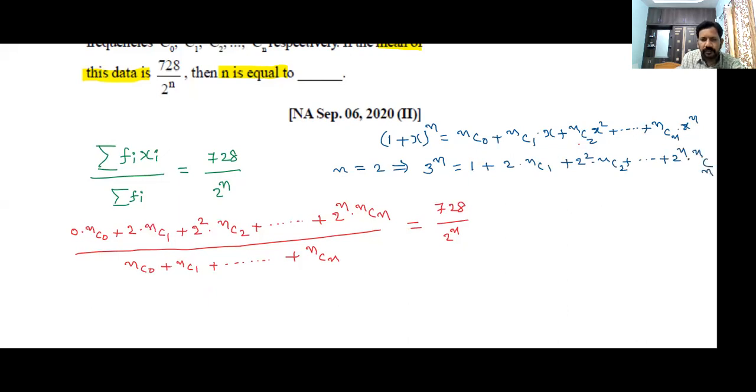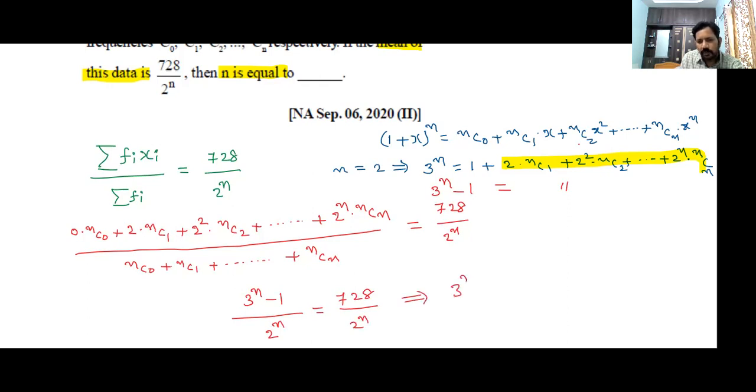Students, have you understood? But in this expansion, we need this value. How much is this? That is 3 power n minus 1, which is equal to this value. So the numerator can be substituted: 3 power n minus 1, by the denominator nC0 plus nC1 plus nC2 and so on up to nCn, that is 2 power n, is equal to 728 divided by 2 power n. 2 power n and 2 power n cancel.